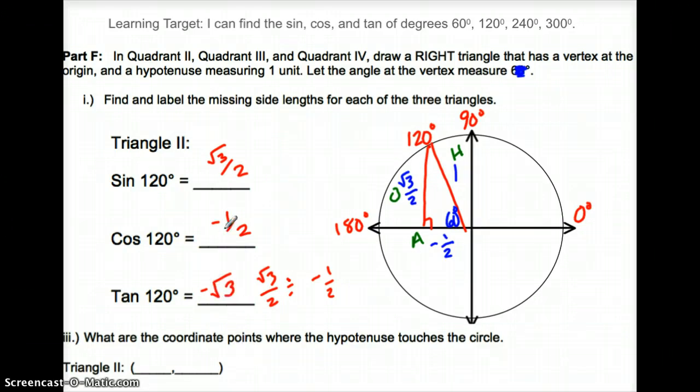Okay? And this time, to reach the circle, the ordered pair for this point, where the hypotenuse touches the circle, I would go back for an x value, so negative 1/2, and then up radical 3 over 2 for a y value. Okay.